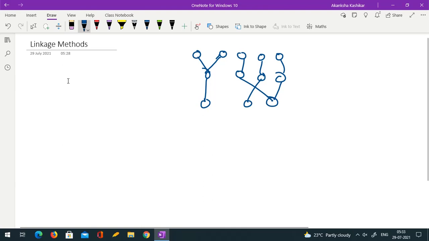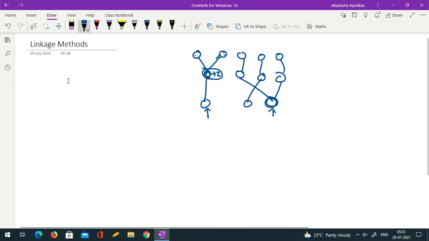But when I go to the next step, I have one cluster which comes from these two objects. This cluster has two members whereas the others are individual. Now I want to decide which of these should be put together, so I need to compute the distance of this group from each of these individual objects or observations. At the next step, suppose I have fused these two, then I want the distance between this group and this group to decide my further stage.